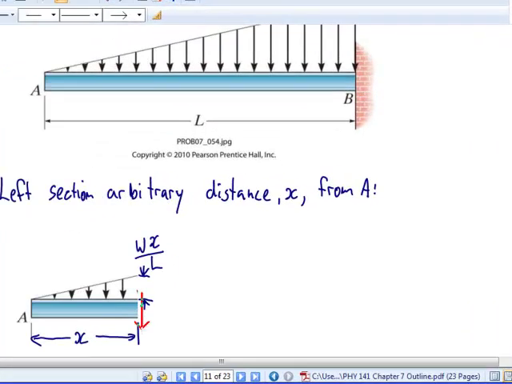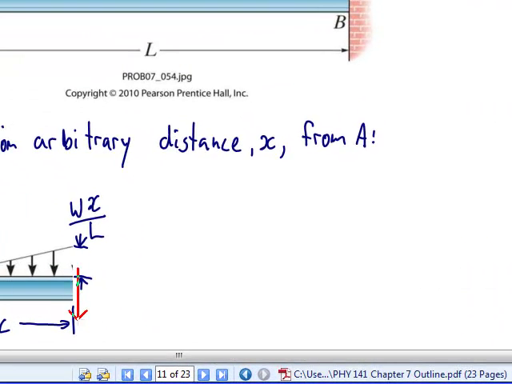So our shear force, we're going to draw down, even though I'm pretty sure it's going to be up since there's no upward forces to balance it. So that would be V as a function of x. And then we'll draw in our positive bending moment.